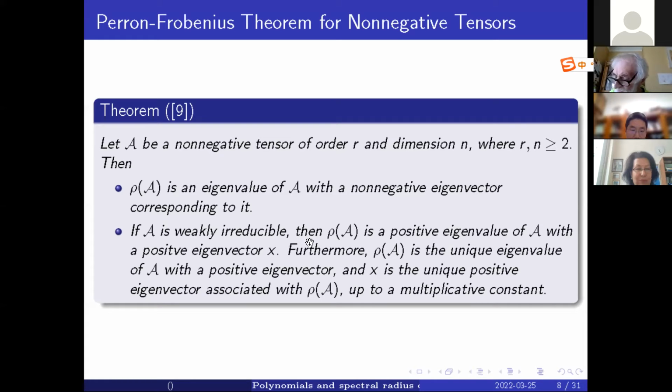If A is weakly irreducible, then the spectral radius of A is a positive eigenvalue of A with a positive eigenvector x. Furthermore, the spectral radius is the unique eigenvalue of tensor A with a positive eigenvector, and the vector x is the unique positive eigenvector associated with the spectral radius up to a multiplicative constant.